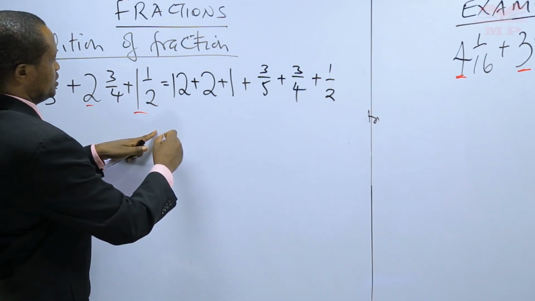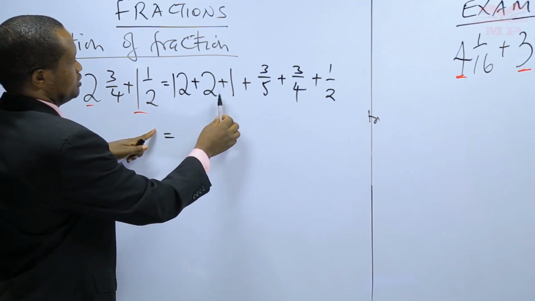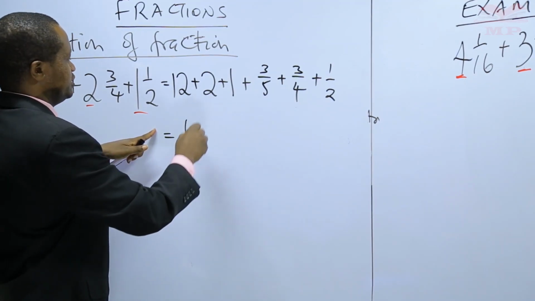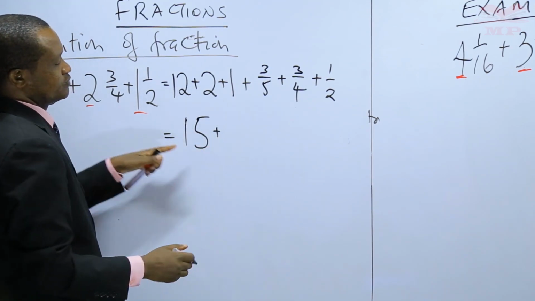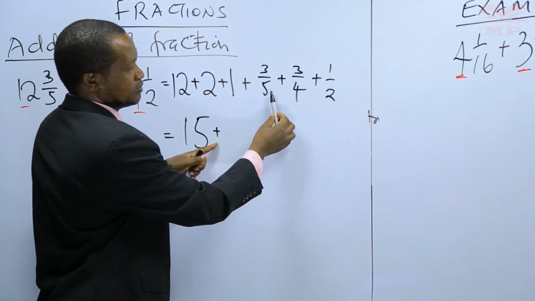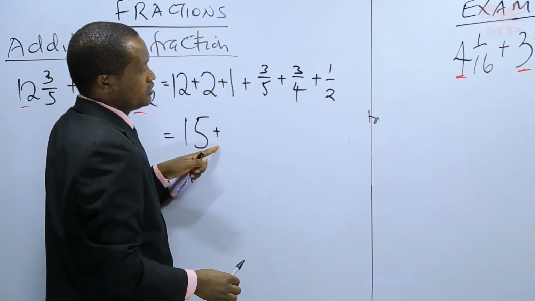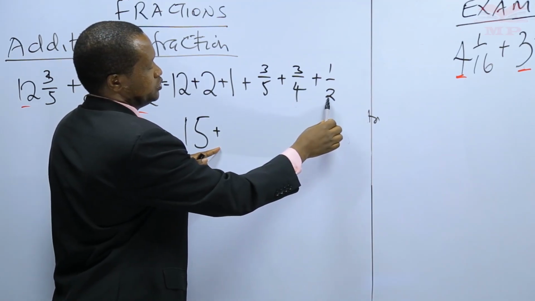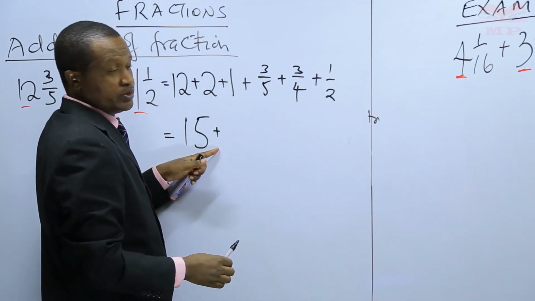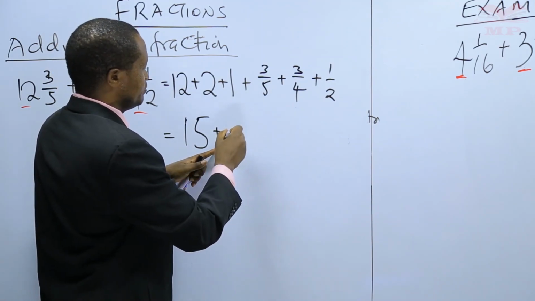The whole numbers will add to 12 plus 2, 14, plus 1, 15, plus these fractions, which have different denominators, 5, 4, 2. So we get the LCM.